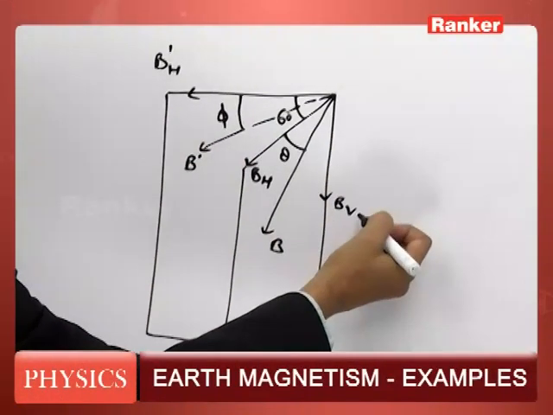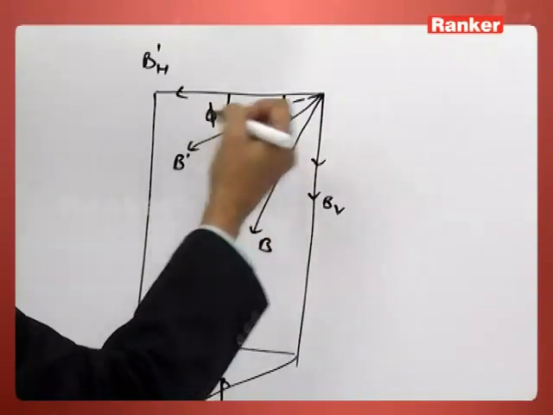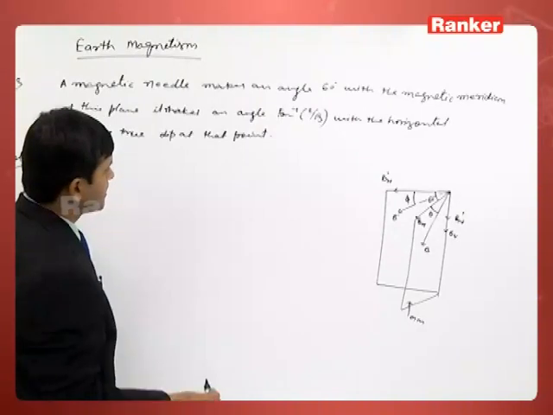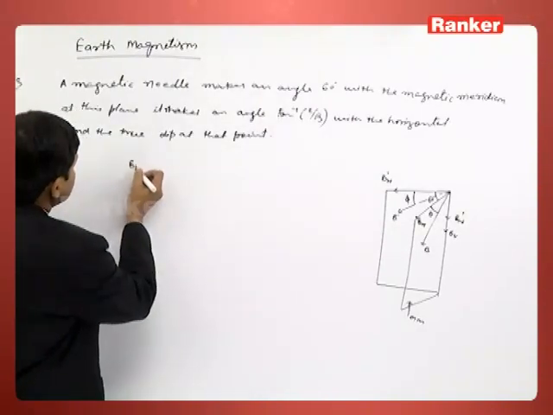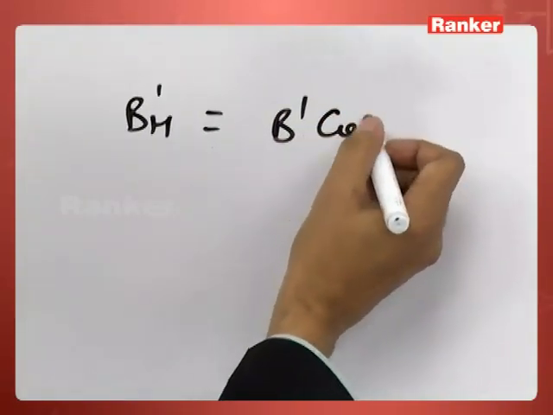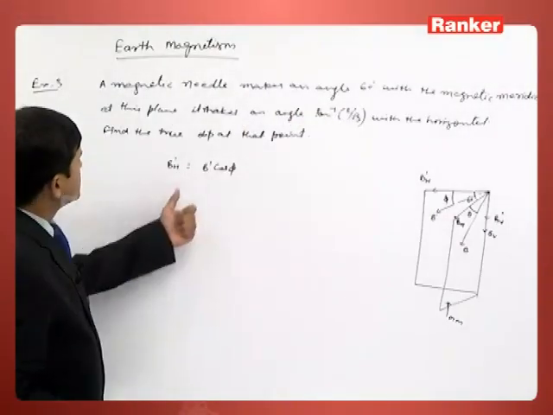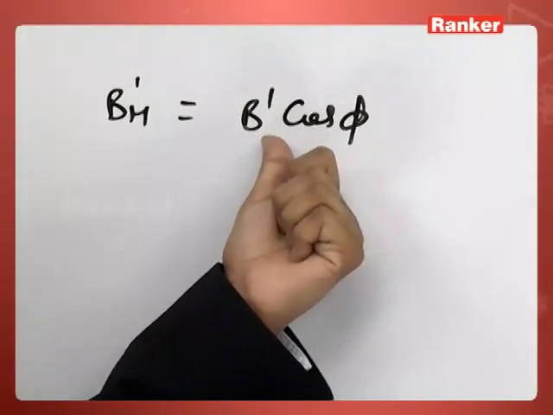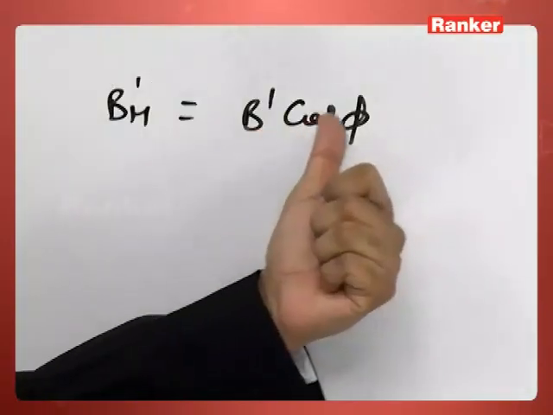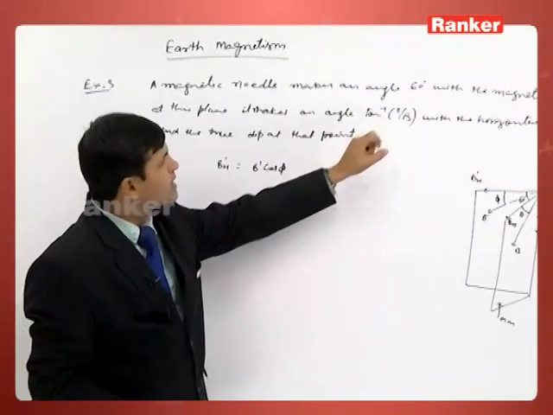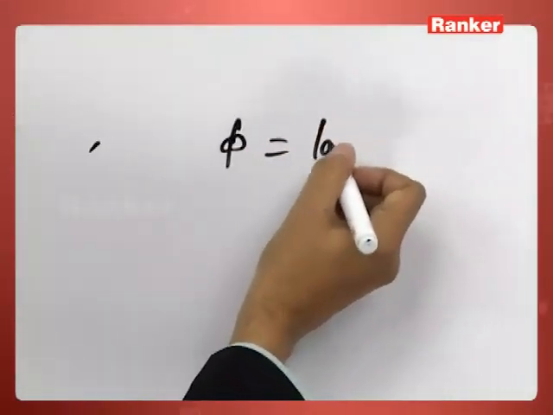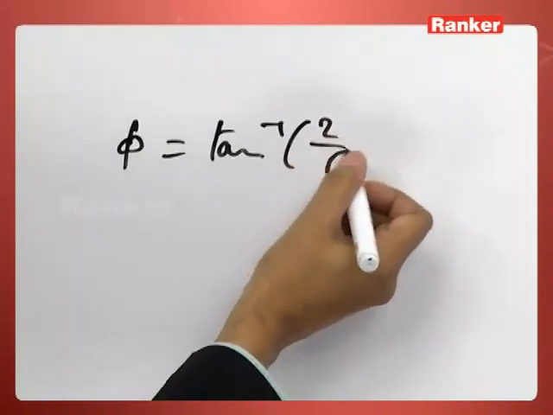So BV is one component and another is BV dash. The first thing is that BH dash is B dash cos phi. So B dash is the magnetic field in the plane in which the magnetic needle is lying, and phi is this angle, tan inverse 2 by root 3.